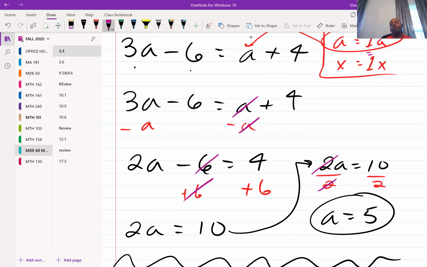The 2's cancel, and a is equal to 5. Any questions?